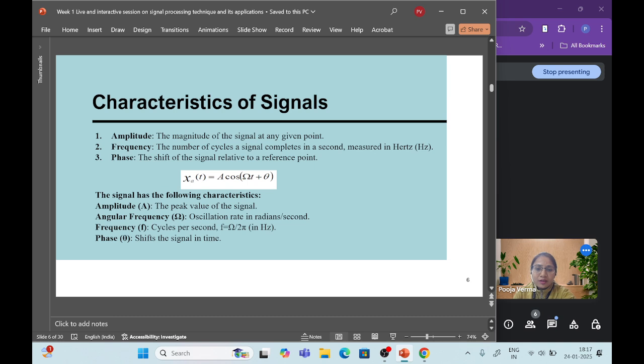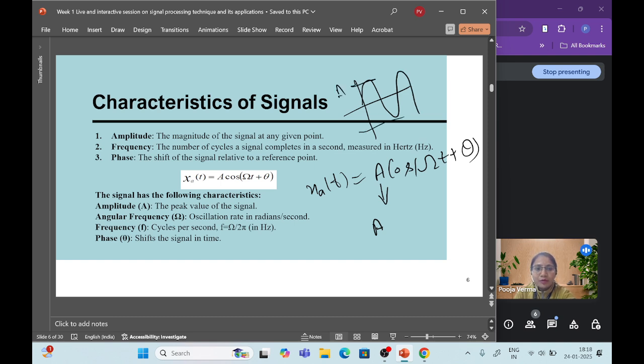Here we have taken one equation, A cos(omega t + theta), where A is the amplitude, that means the peak value of the signal. For example, this one is amplitude: peak value, peak to peak value. Next one is frequency, the number of cycles a signal completes in a second. Already we know that this is called T.